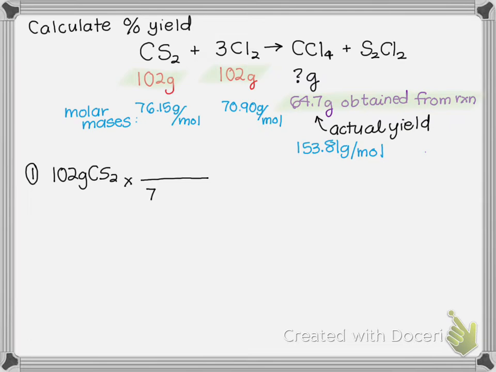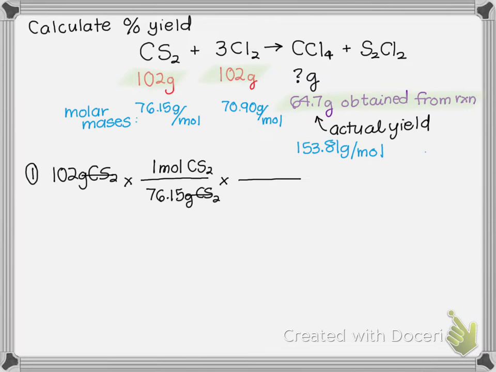I wrote it's 76.15 grams. I did not double check my molar masses, so if I made a mistake, then that will make the answer incorrect. But all right, so I converted it into moles of CS2, and then I'm going to multiply by the ratio. So this is what I was given, just so you see the steps.